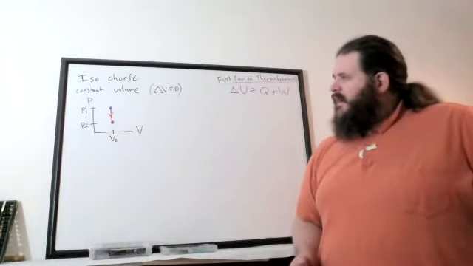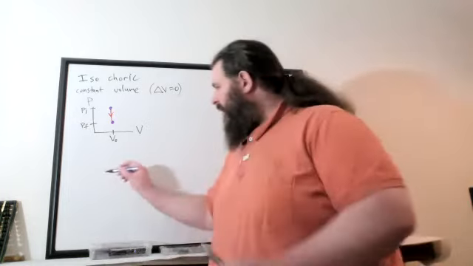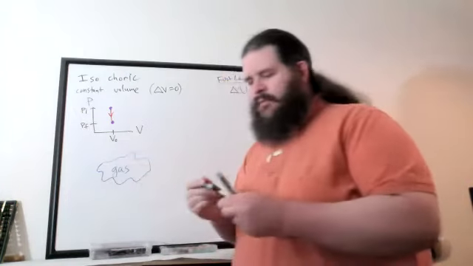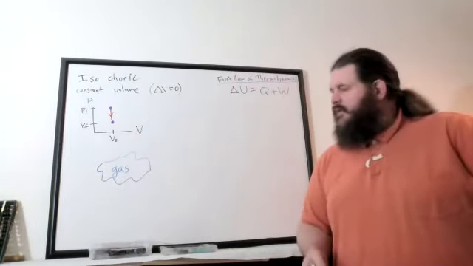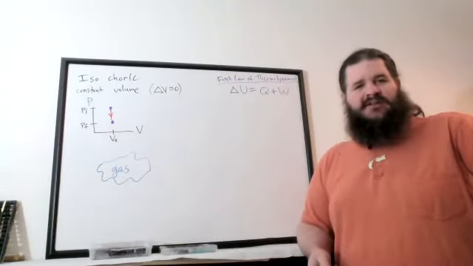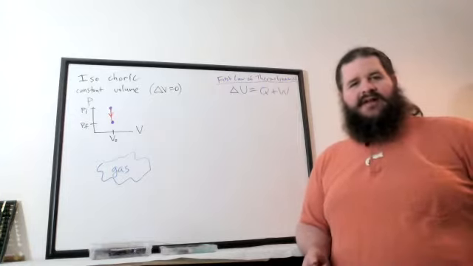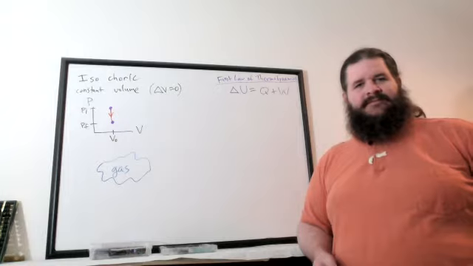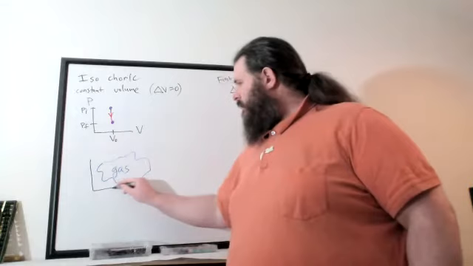And let's investigate what this would actually look like. If you've got a container with a gas in it, we want to build a container or design an experiment that makes absolutely certain that the volume does not change. How could you set up a chamber to put this gas in that does not allow the volume to change? Have it be closed? Yeah, it's got to be closed. Certainly closed.